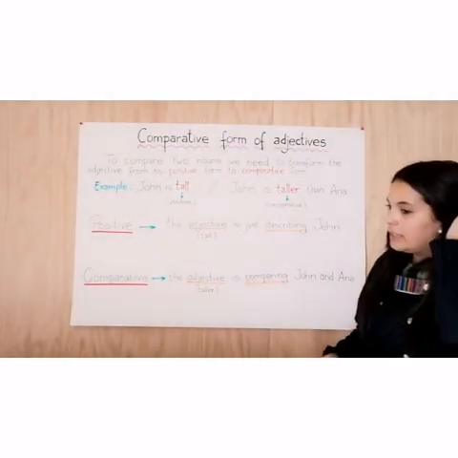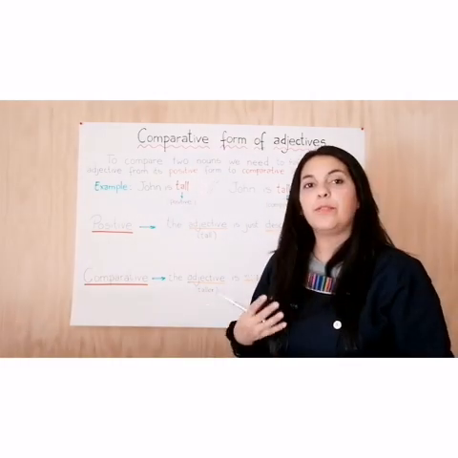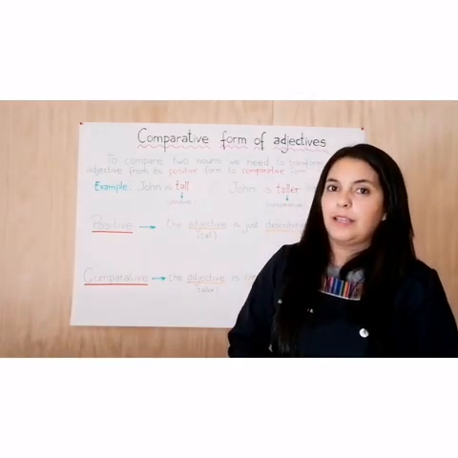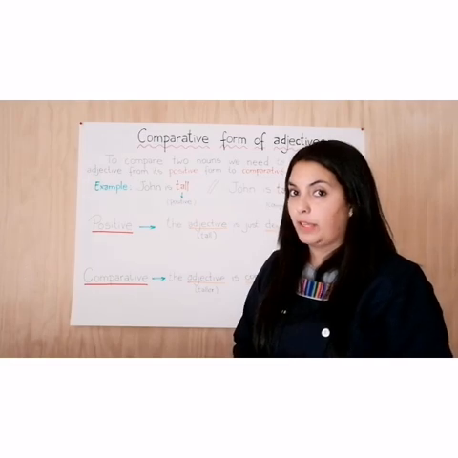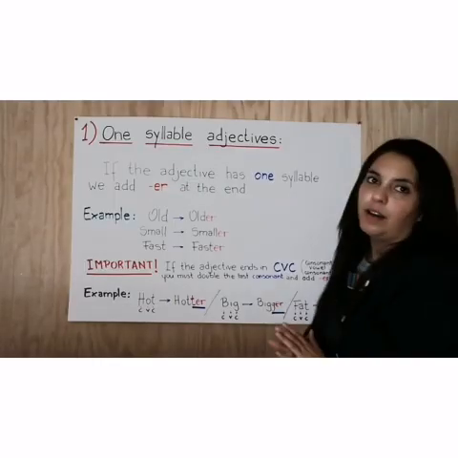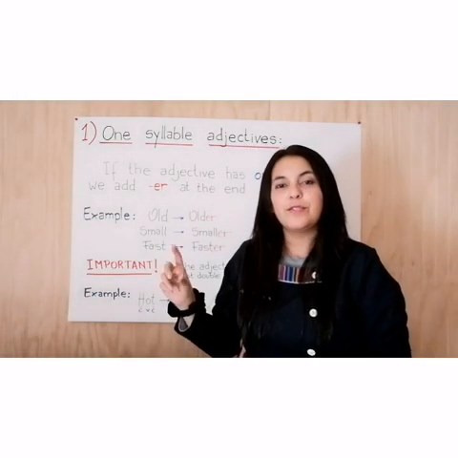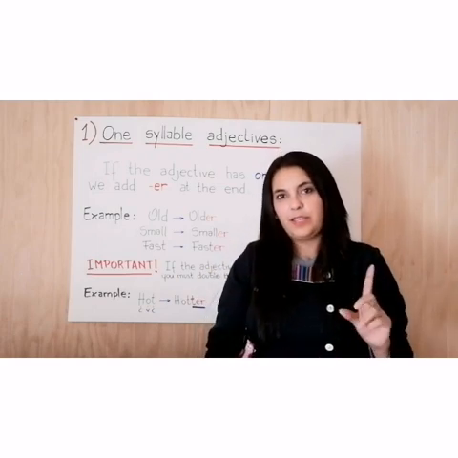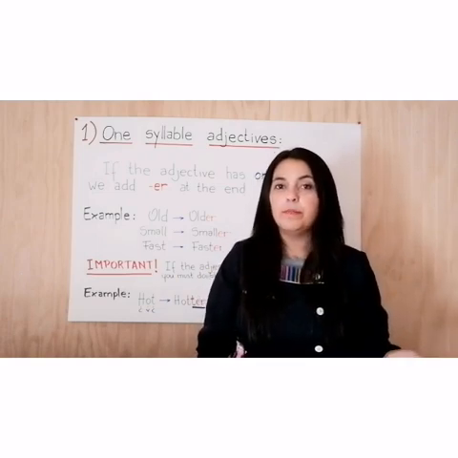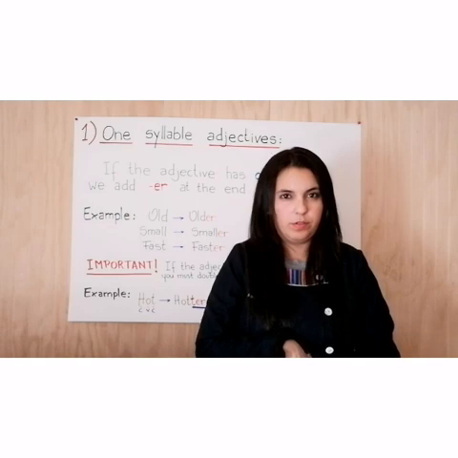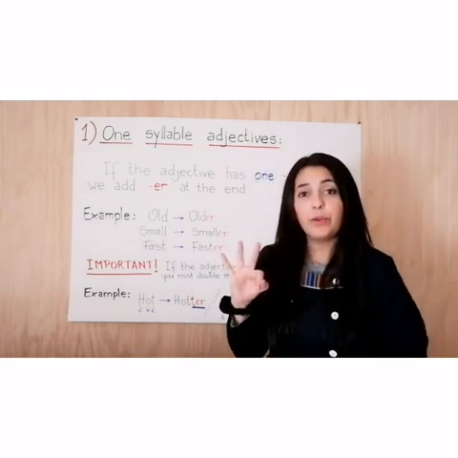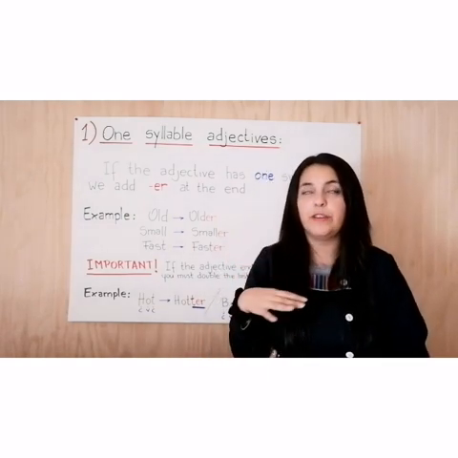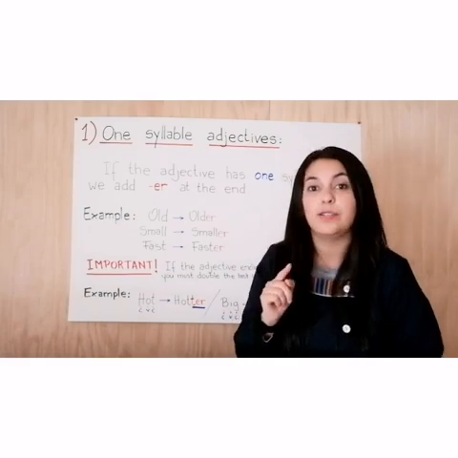So, the idea is that we learn how to create sentences in comparative form. So to transform adjectives into comparative form, we need to follow some rules. There are three main rules. They're very important, so pay attention.